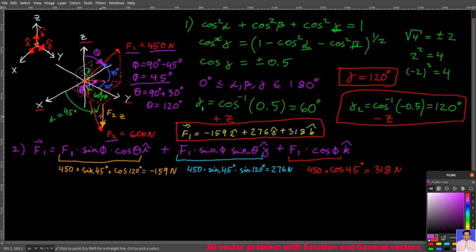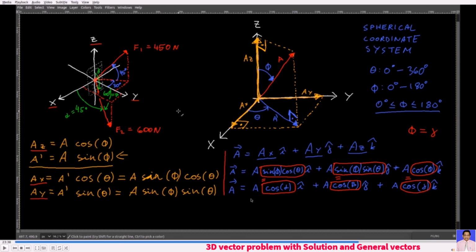And now we have to decompose our F2 vector. Here we used the coordinate direction angles, alpha, beta, and gamma. From the previous videos, you know that using the coordinate direction angles, you can decompose your vector with this lower formula: A times cosine alpha, that's the x component, A times cosine beta, that's the y component, A times cosine gamma, that's the z component.